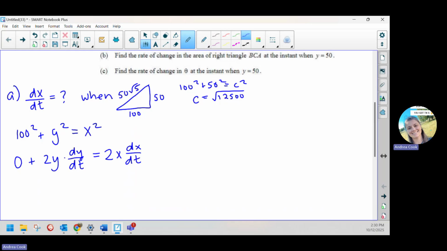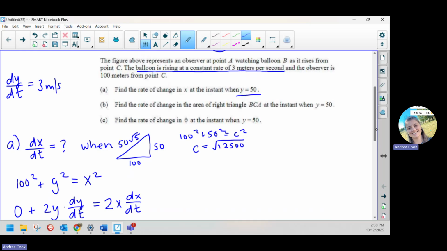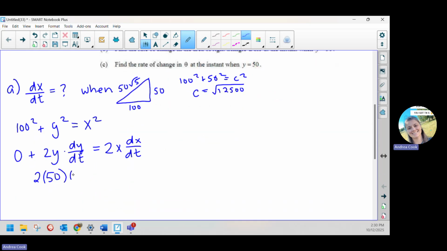And then we can go ahead and plug in. So 2 when y is 50, so we're going to put in 50. dy over dt, that was given up here, is 3. And 2x is that 50 root 5 that we found from Pythagorean theorem.